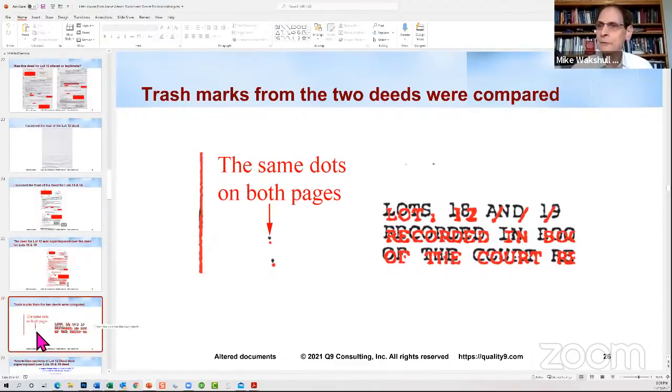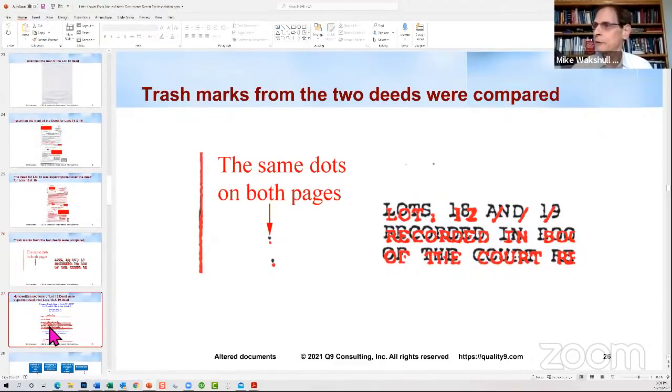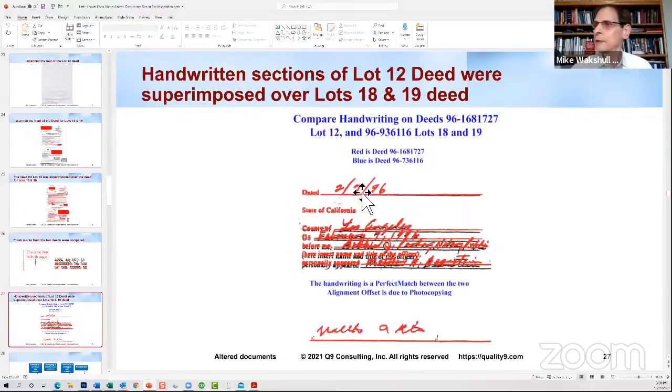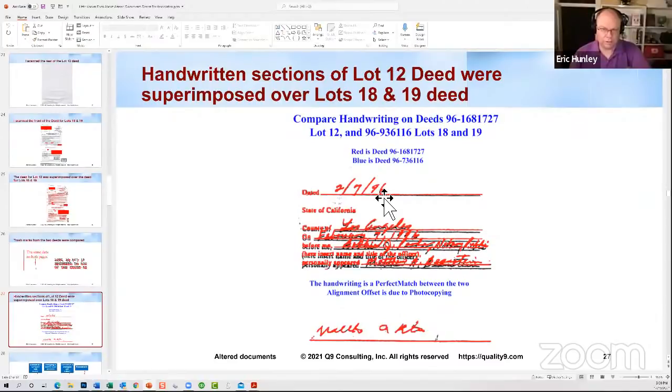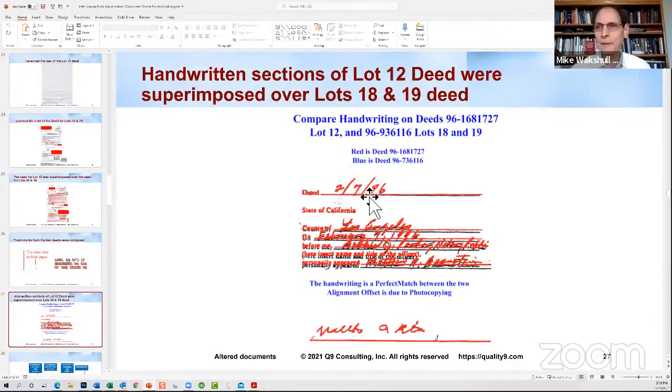So let's look in a little more detail. I overlaid the 12/7/96 of both deeds, and you can hardly even tell there's a black under there. No, you can't. They're perfect. And the only way they're perfect in alignment, and we could say in alignment relative to the signature line and relative to the printing on here, is if one's a replica of the other.